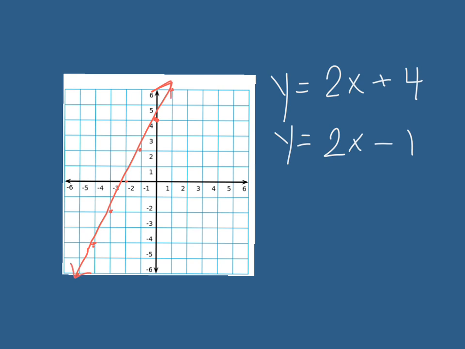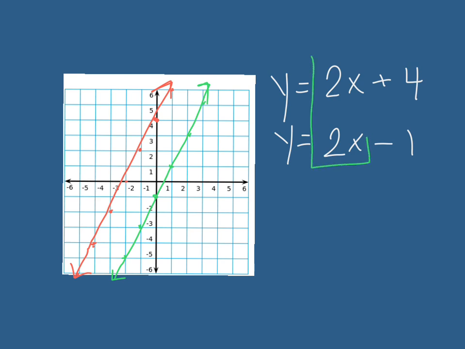Okay. Now I also have y equals 2x minus 1. Okay, so you should notice that these lines are parallel, and we could have also determined that by looking at our linear equations.